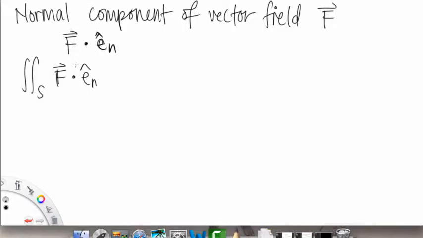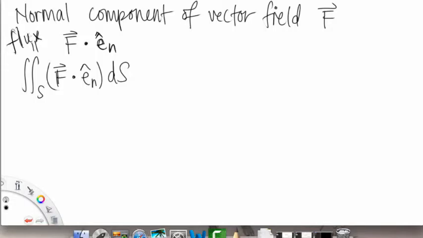You write it like this: dS, d big S. Another word for this is the flux. We discussed this briefly when we were doing vector line integrals.